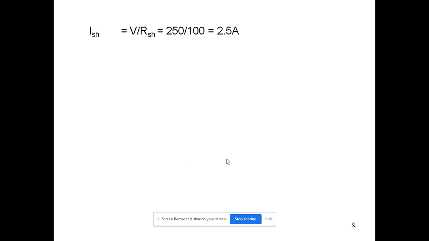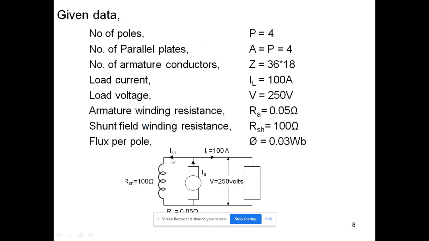Now, in order to get Ish, the current flowing in the shunt field winding, Ish is equal to the voltage across this winding divided by its resistance.